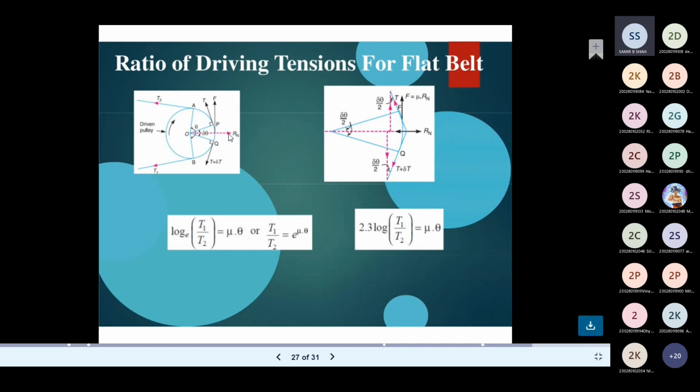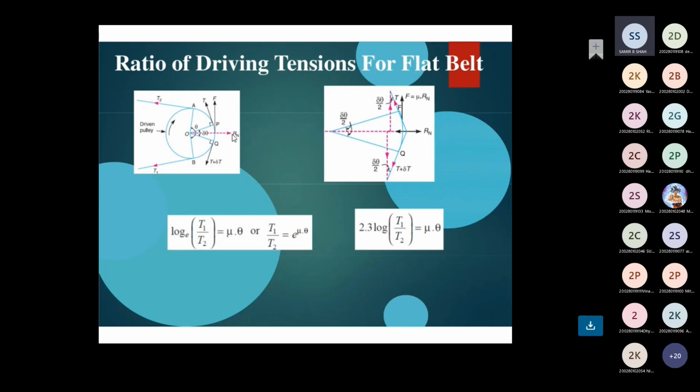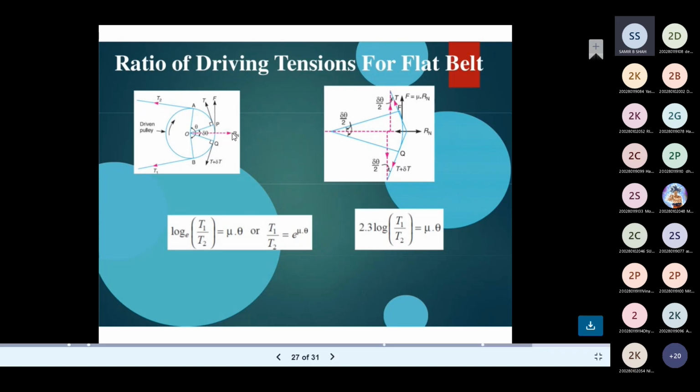In the opposite direction, we get the normal reaction Rn, and since friction is always present, the frictional force F is equal to mu into Rn, where mu is the coefficient of friction between belt and pulley.